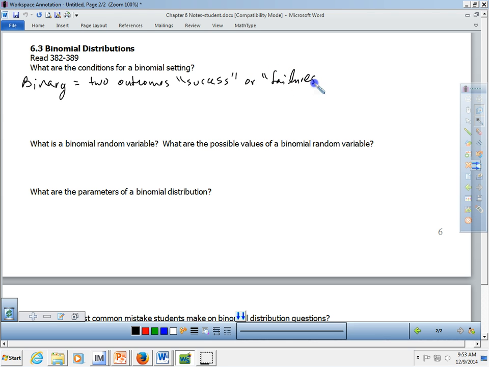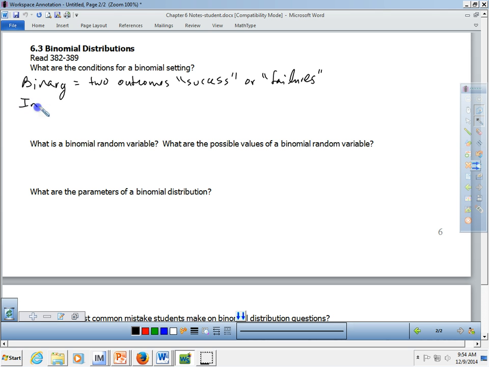It is important to understand that just because we call something a success or a failure doesn't necessarily have the negative or positive connotations that you might think with success and failures. For example, if I'm going to randomly choose 100 babies and consider how many of them are female, then when I select one baby and that baby's male, that would be a failure in our binary situation here, but obviously male babies aren't failures in the negative connotation. So anyway, we'll talk about successes and failures. Am I getting what I want to count or am I not?